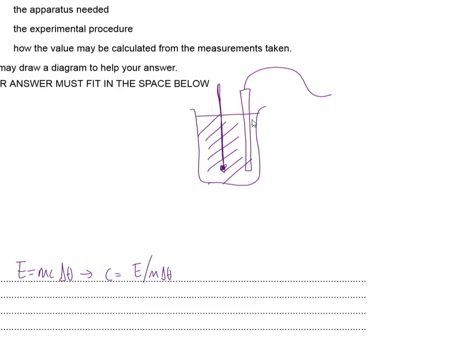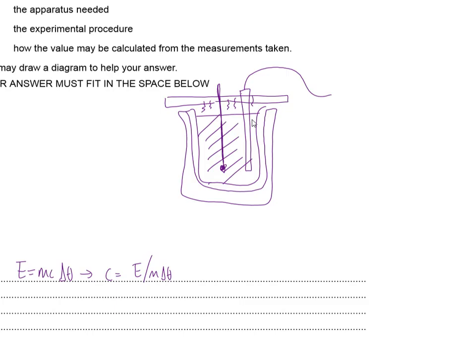Now, if you remember when we did the practical, we had a nice insulator as well. So we're going to add an insulator there to make sure that we are not getting burned and the heat is not being lost in this particular case. Now, as the water heats up, steam will leave, so we're going to add a lid on top of it.